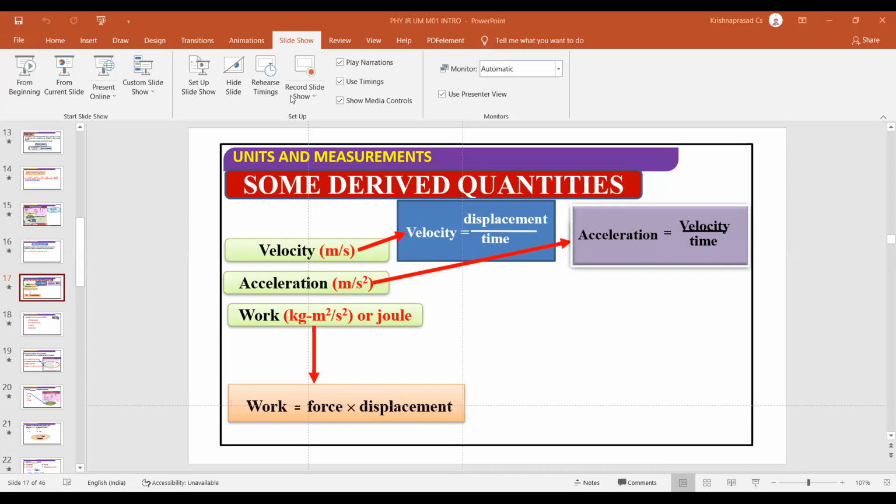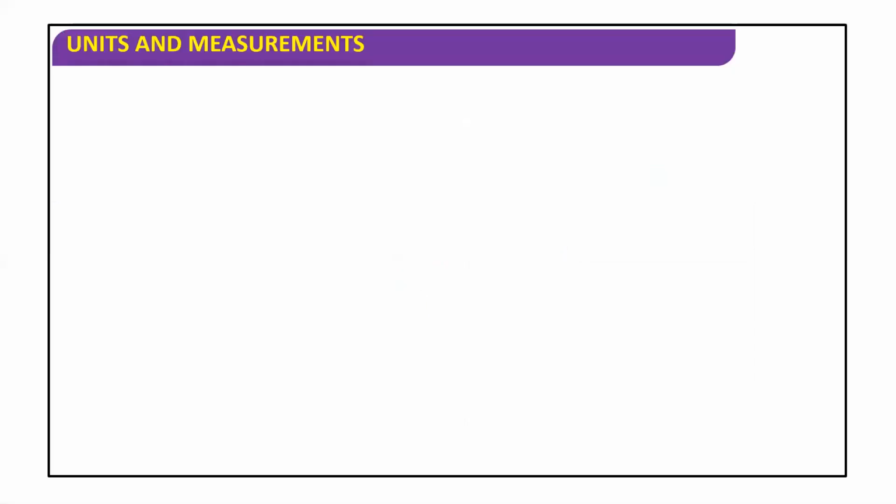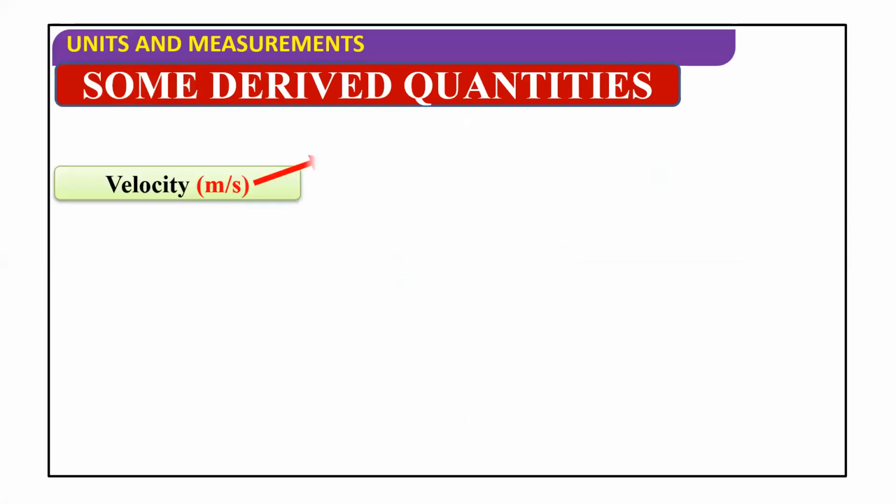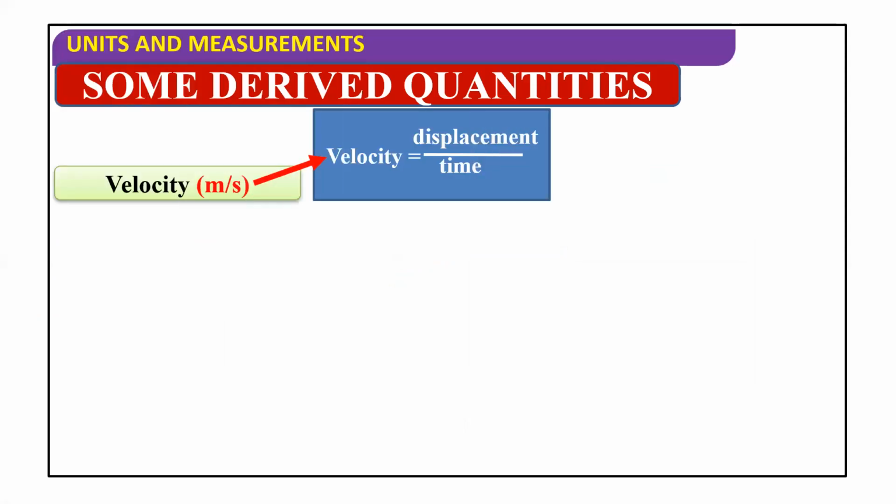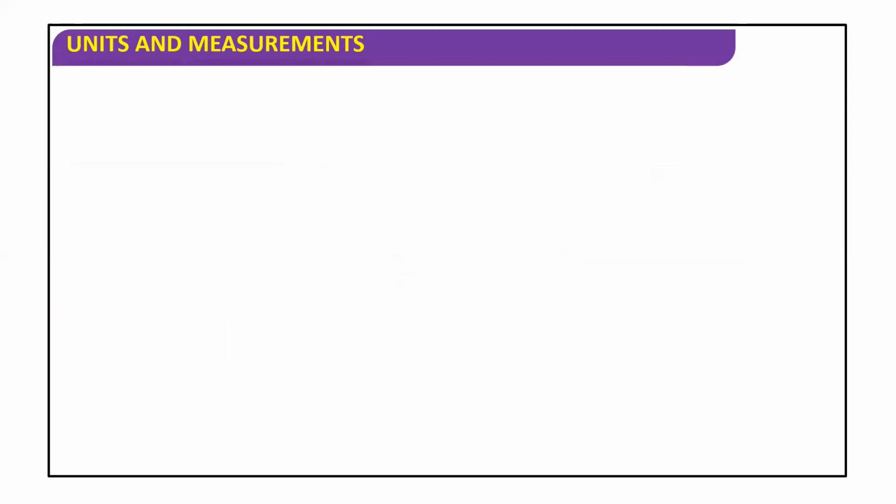Now we are going to talk about some other quantities, known as derived quantities. The first example is velocity. What is velocity? Sir, will you show the slide with examples of derived quantities? Okay, why not.